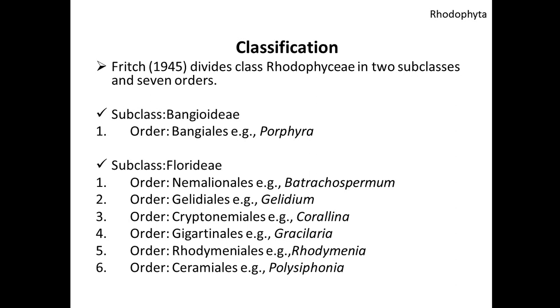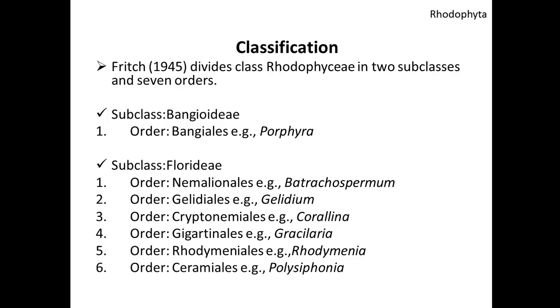The carposporophyte produces haploid carpospores which germinate to form the haploid gametophyte. So here there is only one diploid generation, which is the zygote, while the haploid generation is the independent gametophyte and the parasitic carposporophyte. This life cycle is haplobiontic type.